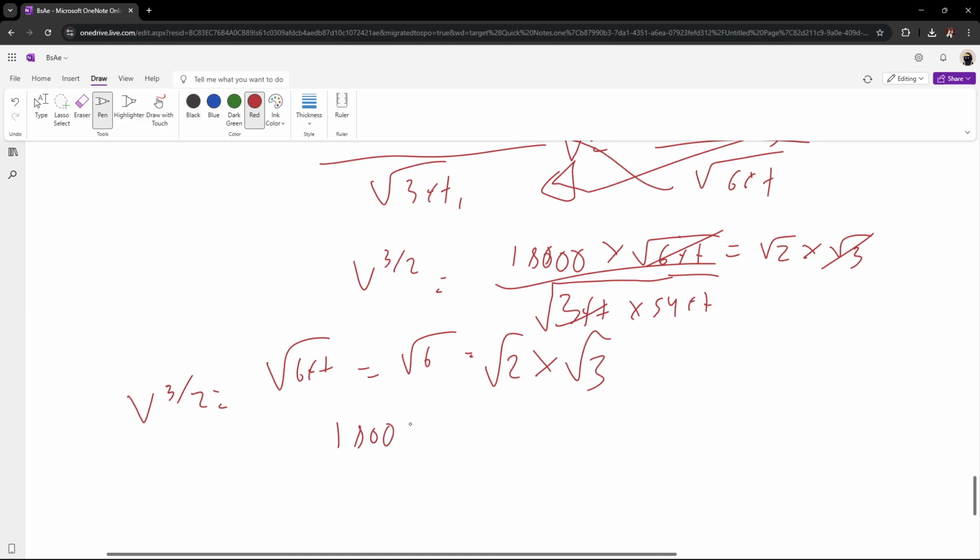Thus we are left with 18,000 times 2 multiplied by 54. Wait, this is not a square root. My bad. Okay, square root of 3 only. Okay, 54.